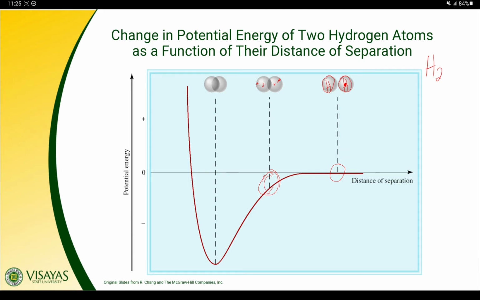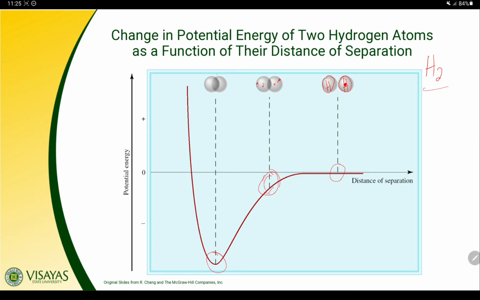So as the two atoms move closer, they arrive at one point when there is an optimum distance between the two, and so we have our minimum energy. That is when the hydrogen molecule is now stable. The optimum distance between the two atoms.